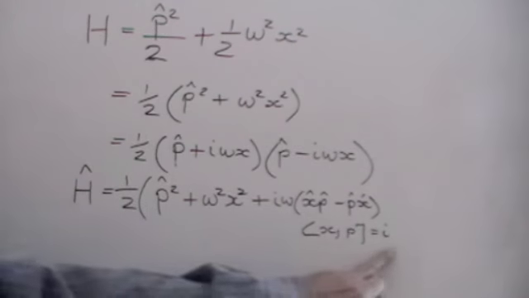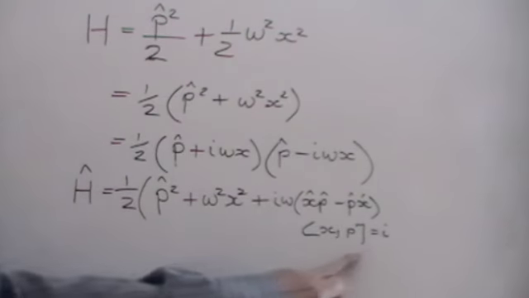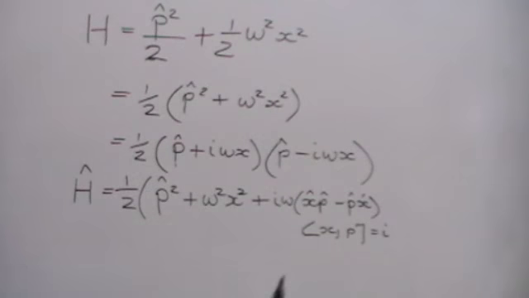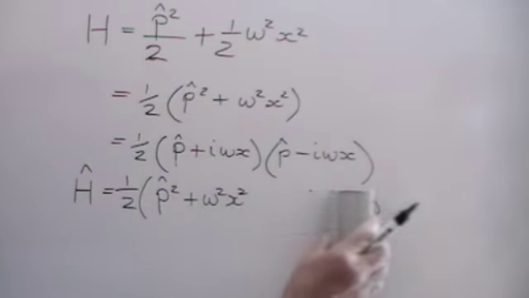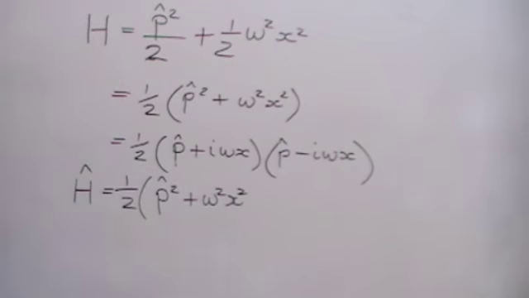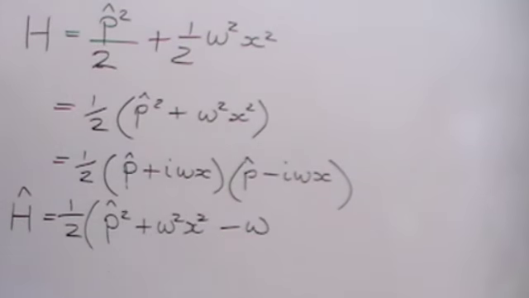So this is essentially, for our purposes, just equal to i. And so this term here is equal to i. And if you multiply i by i omega, you get plus i squared omega, and that is equal to minus omega.